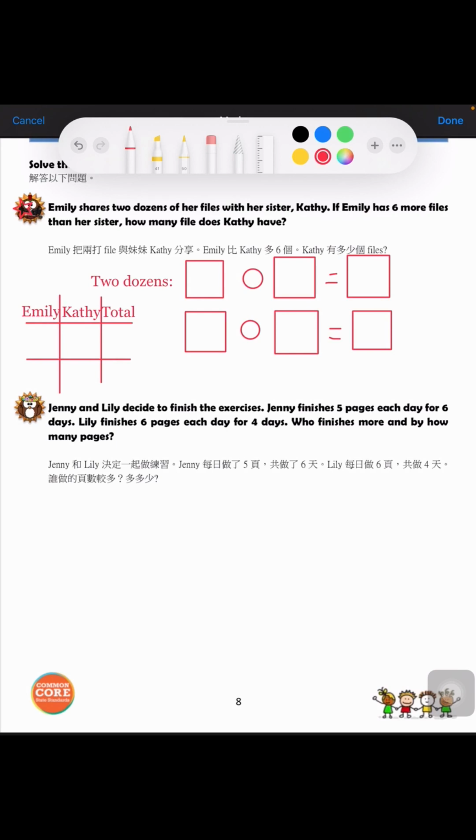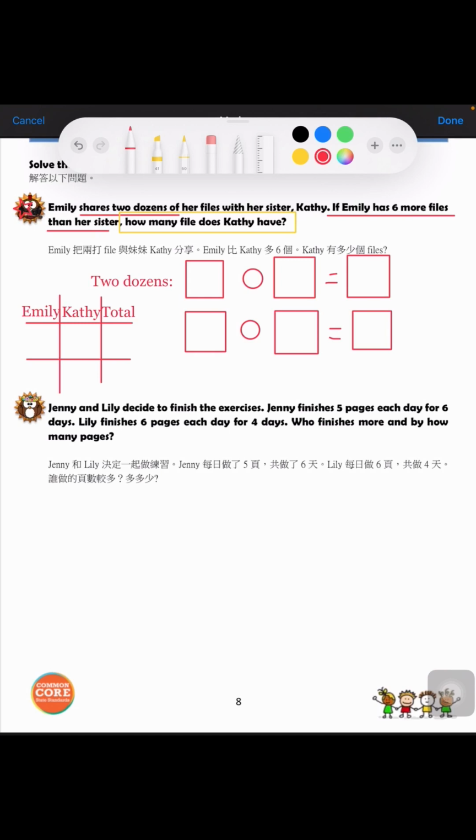Emily shares 2 dozens of her files with her sister, Kathy. If Emily has 6 more files than her sister, how many files does Kathy have? So what's the value of 2 dozens?